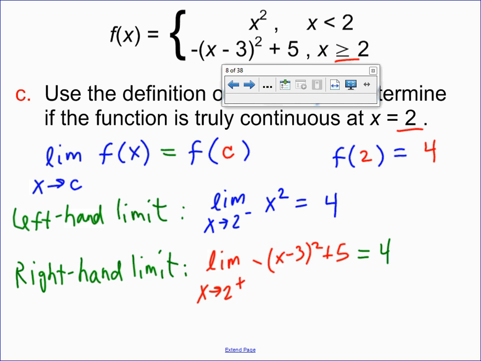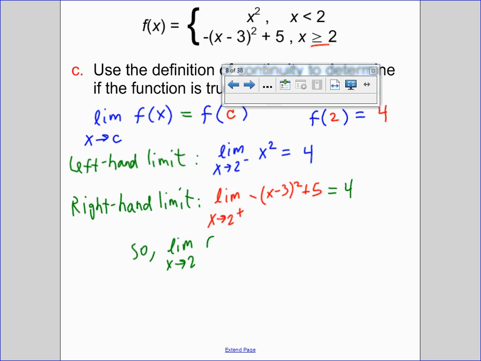Marissa stated the left-hand limit had to match the right-hand limit, and they do. Therefore, the overall limit exists. And is it equal to the value of my function at x equals c? Yes. Is the function continuous? Yes. So the overall limit as x approaches 2 of f of x exists, it equals 4, and this in turn equals f of 2, which equals 4, so we're good to go.